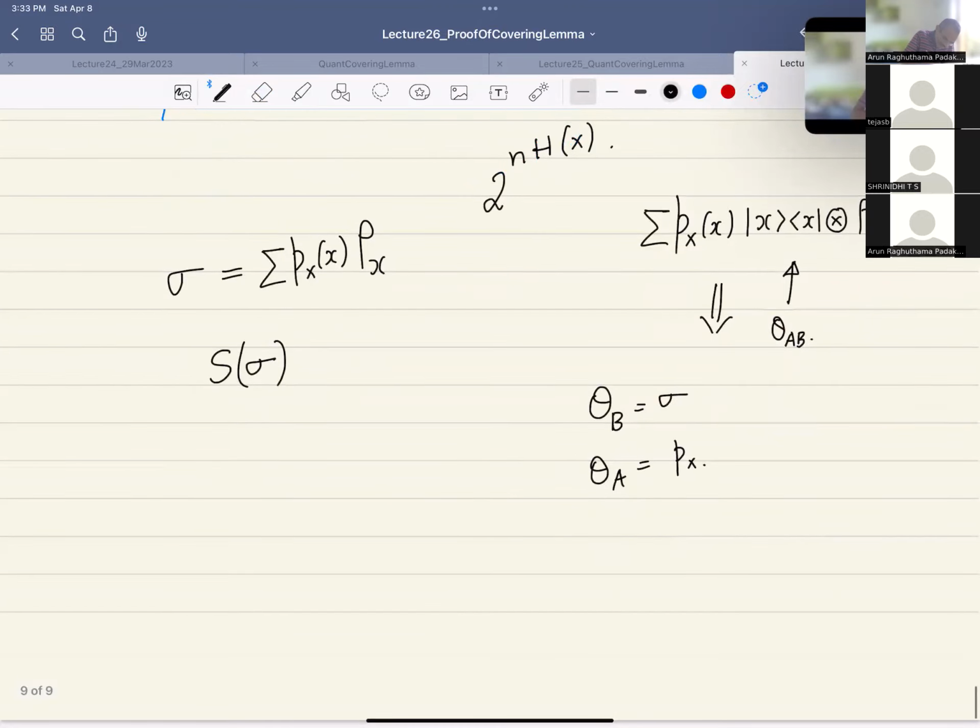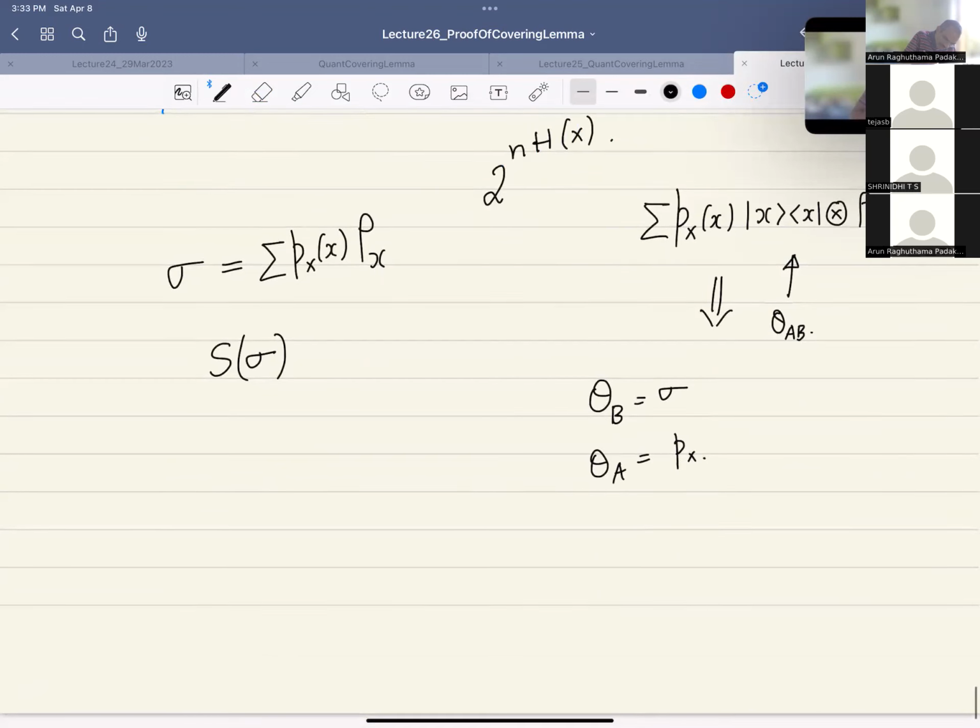And S of theta AB, from our entropy chapter, will be h of Px plus the summation of Px S of rho x.